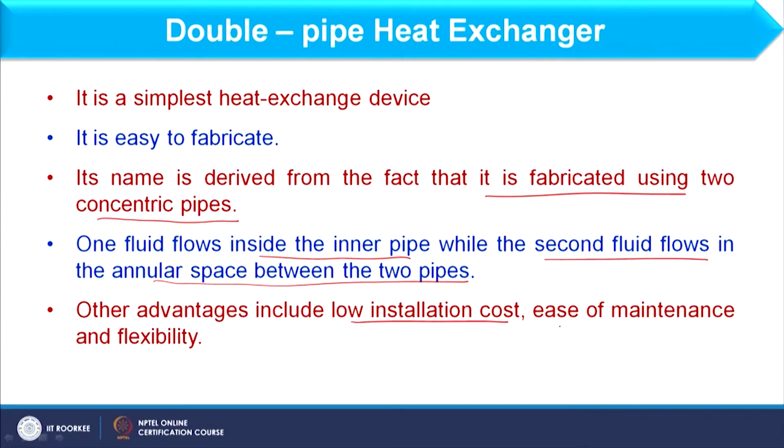The other advantages are low installation cost, ease of maintenance and flexibility, because the design is not much complicated, so you can consider flexibility and ease of maintenance in such heat exchangers.